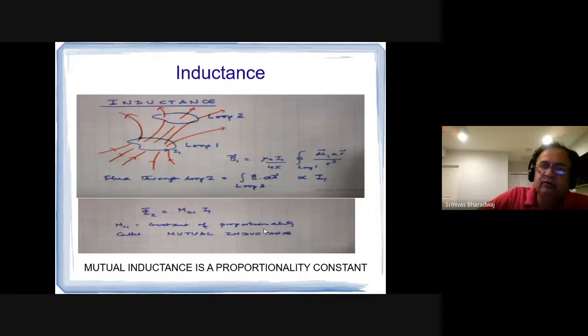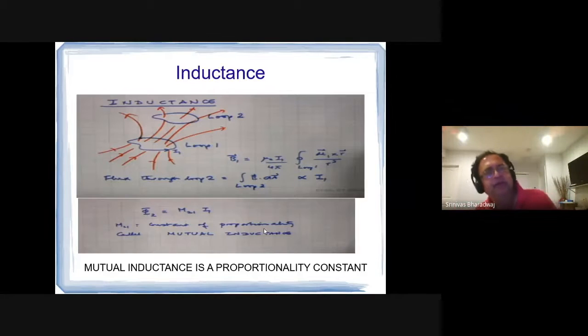So phi2 equals M21 times I1, and the M was common whether you put the current in this side, which led to an induced EMF in the other side, or put the current in the other side.